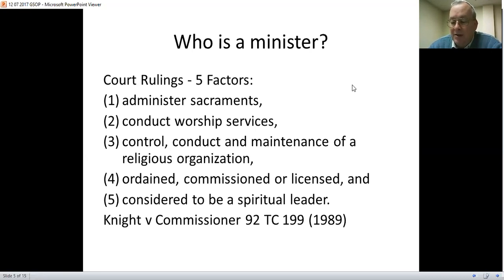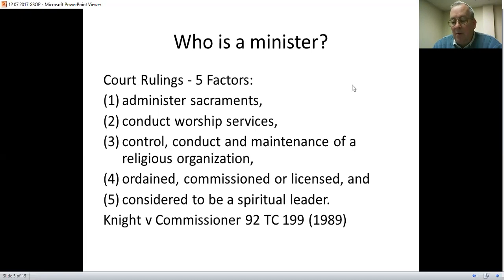Ordained, commissioned, or licensed is something that the courts and the Internal Revenue Code look to as being something that a religious organization would do, either ordain, commission, or license their ministers. We have situations, for example, a gentleman who had applied for exemption from Social Security. We'll talk about rules for that in a few weeks, but he applied for exemption. At the time he applied, he was licensed as a minister in a particular denomination.